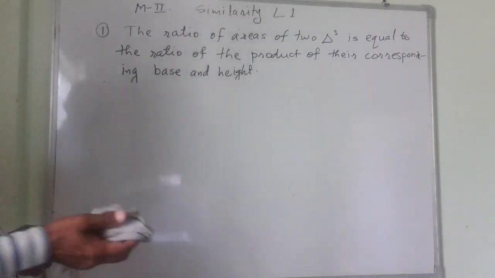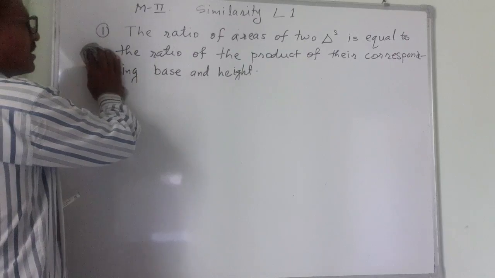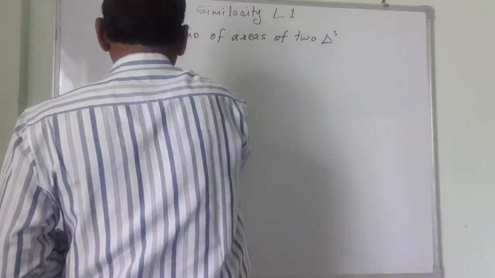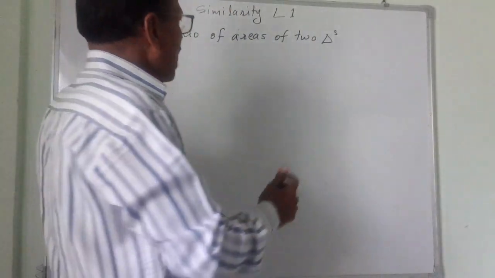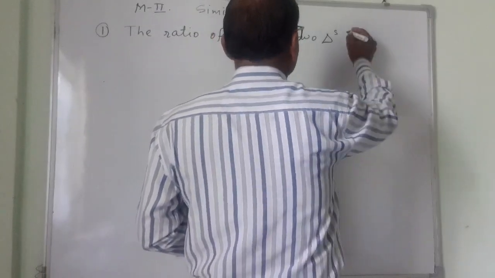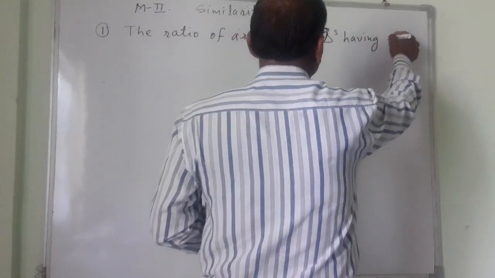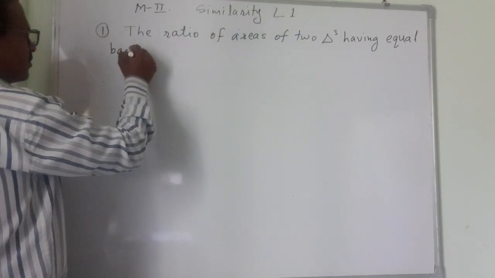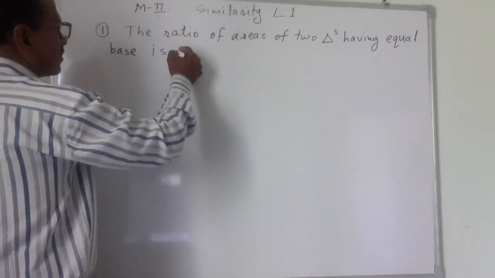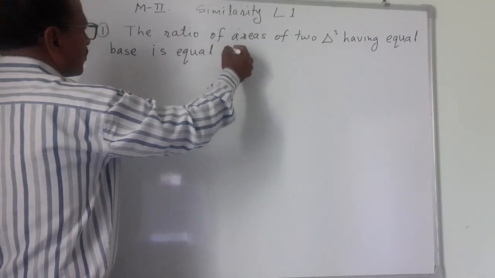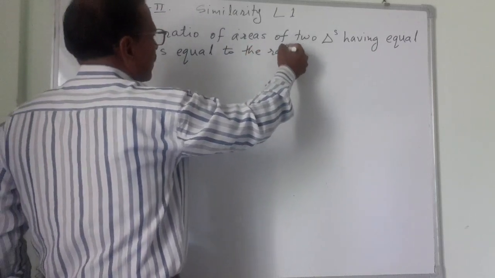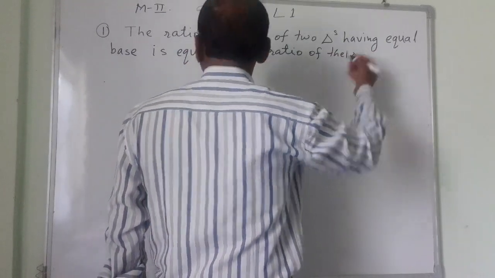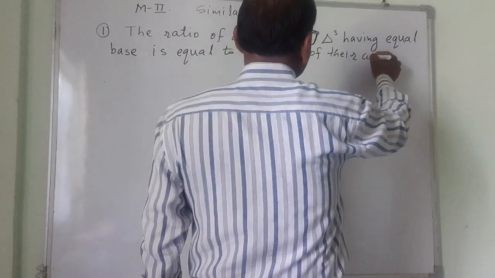Now another theorem, a simple theorem: the ratio of the areas of two triangles having equal base is equal to the ratio of their corresponding heights.